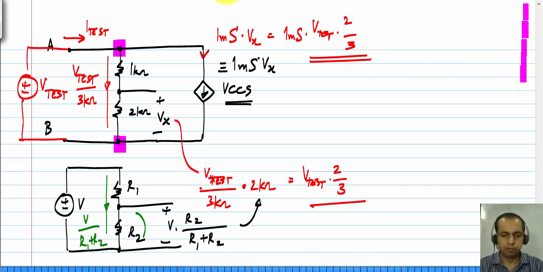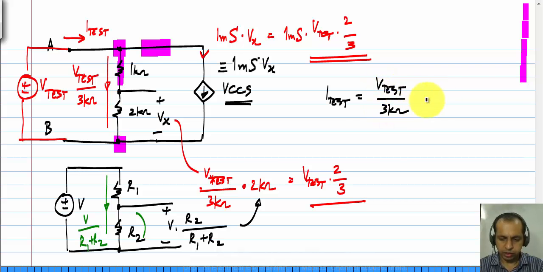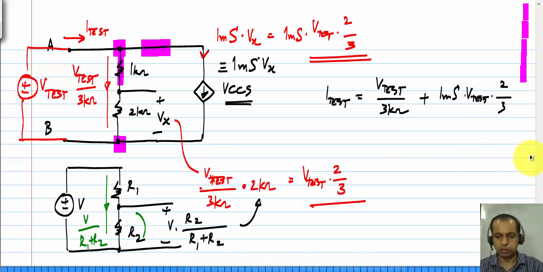Okay. So now the total current I test is equal to the current flowing here plus the current flowing there. So I test will be equal to V test divided by 3 kilo ohm plus 1 millisiemens times V test times 2 by 3. Okay.